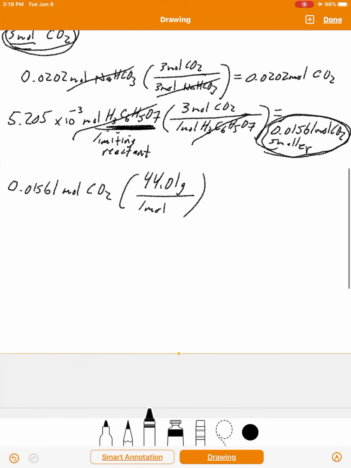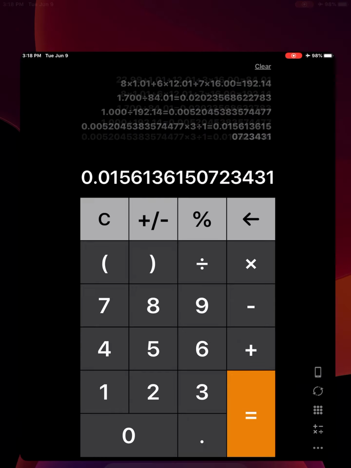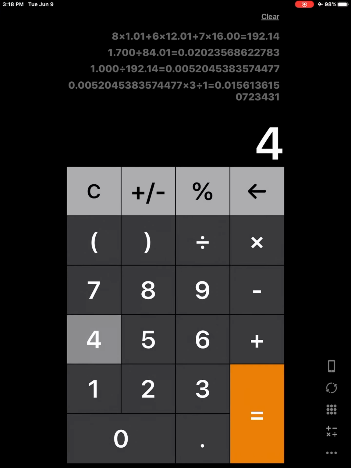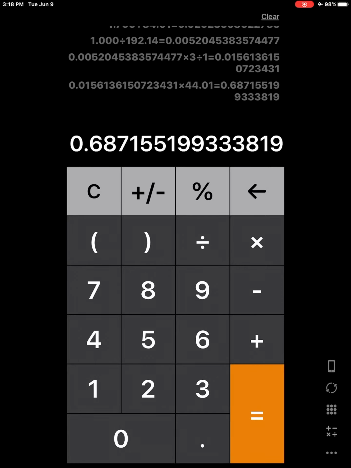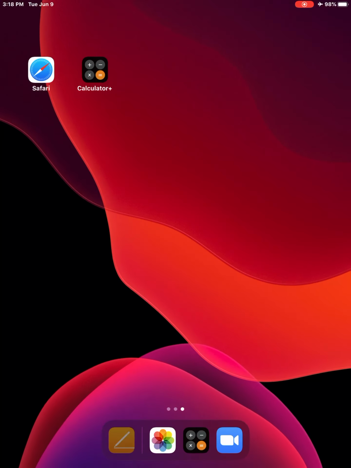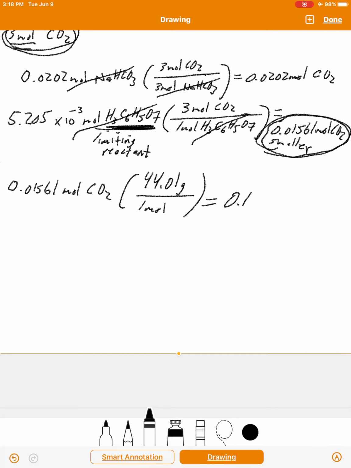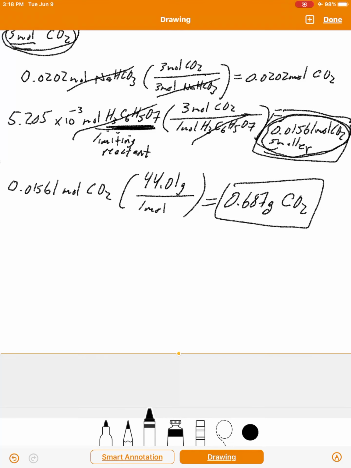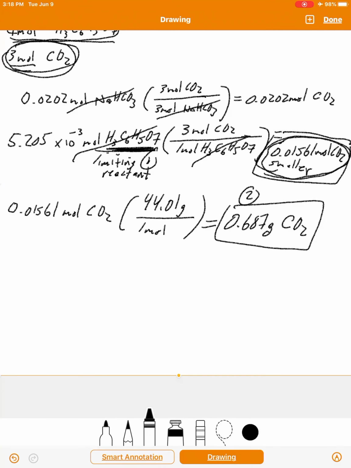So we're going to take that smaller number of moles of CO2, multiply it by the molar mass, so times 44.01, and it's 0.687. There's the second part of our answer. Oh, I'm sorry. This is the second part. The first part answer was this one over here, which is the citric acid is the limiting reactant. That's the one that gives you the smaller number.